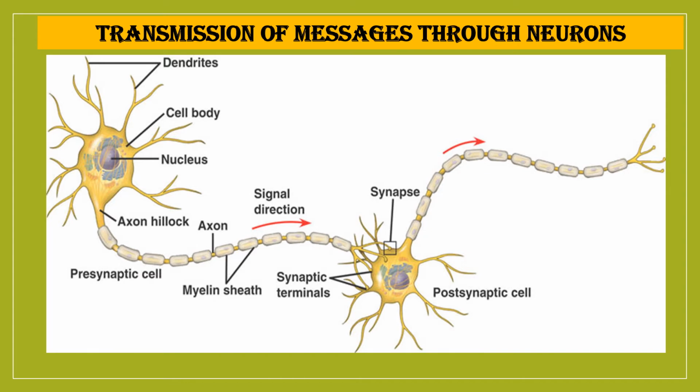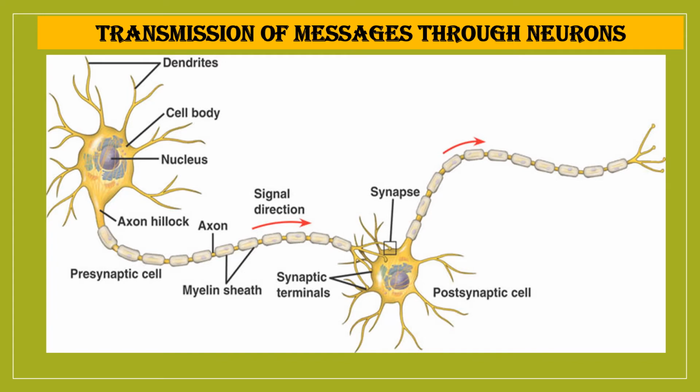Let us now look at how this transmission of message passes through the neurons. The information acquired at the dendrite tip of the nerve cell sets off a chemical reaction that creates a nerve impulse. This impulse travels from the dendrite to the cell body and along the axon.